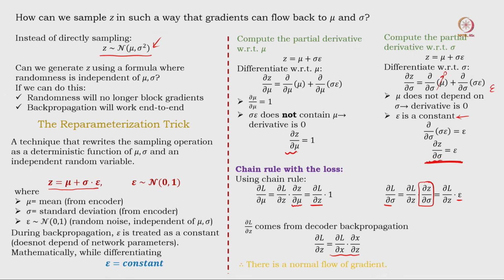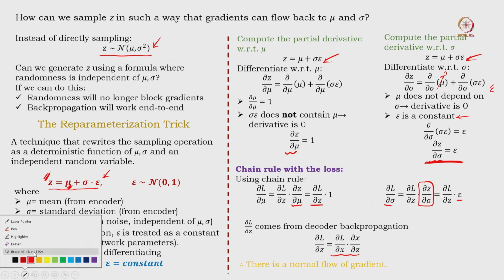Now what exactly is happening here? The whole intention is not to eliminate randomness. The intention is to move the randomness so that it is independent of the parameters. So therefore we have written Z this way. Because Z is written like this, we are able to differentiate Z. Look at the way that we have differentiated it.